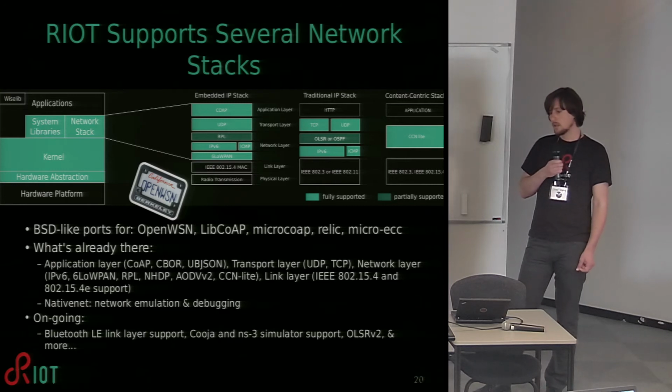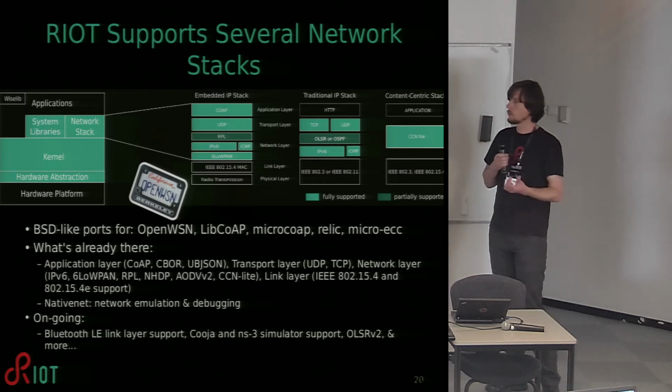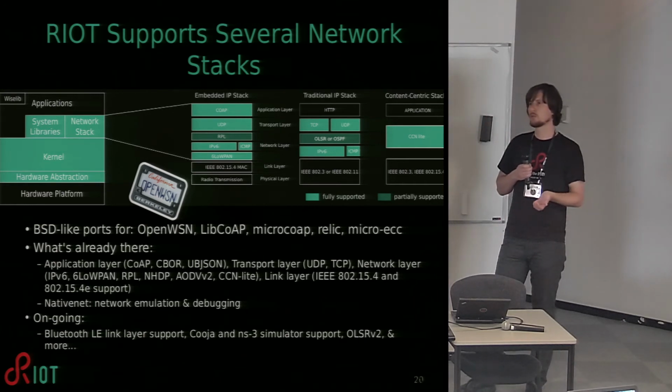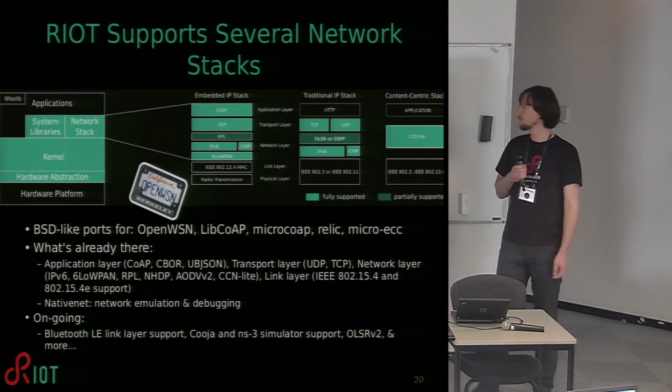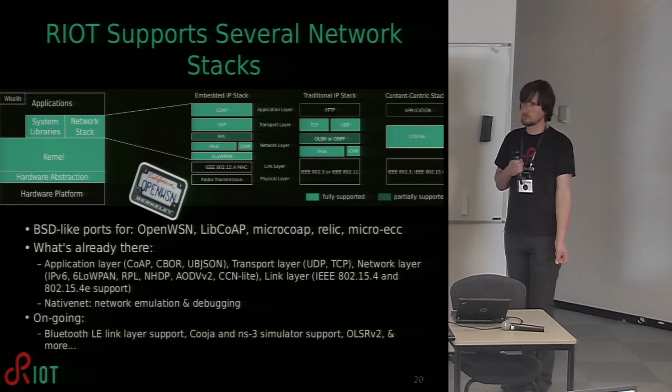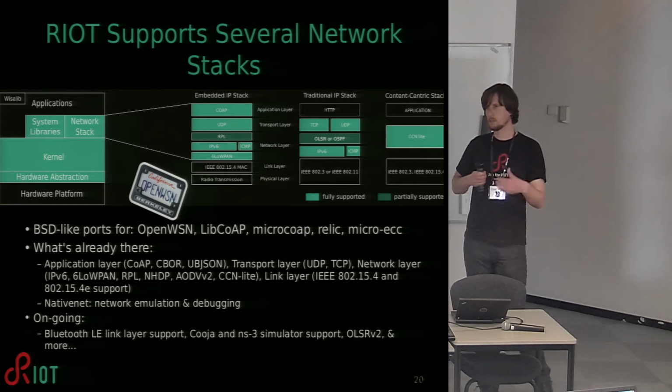And that's another thing we try to do as much as possible: not reinventing the wheel, but making use of code that already exists, like OpenWSN or different CoAP implementations or crypto libraries. Like maybe from BSD in the ports system, you can just pull code from already existing upstream repositories and build them on top of RIOT without changing anything in the library itself, apart from maybe some patches to the makefile to adapt it.